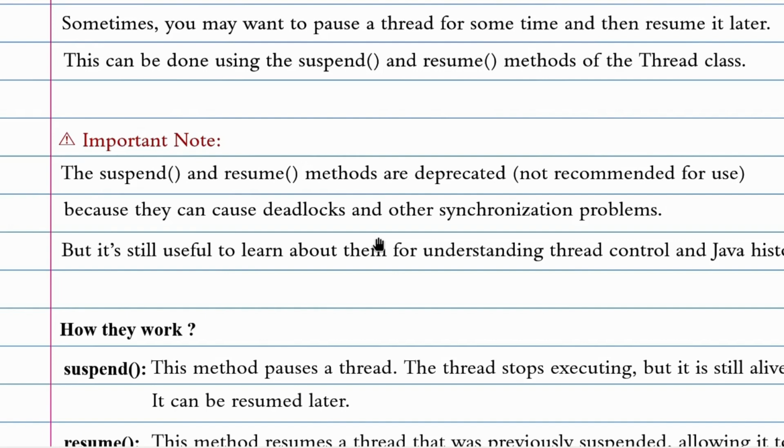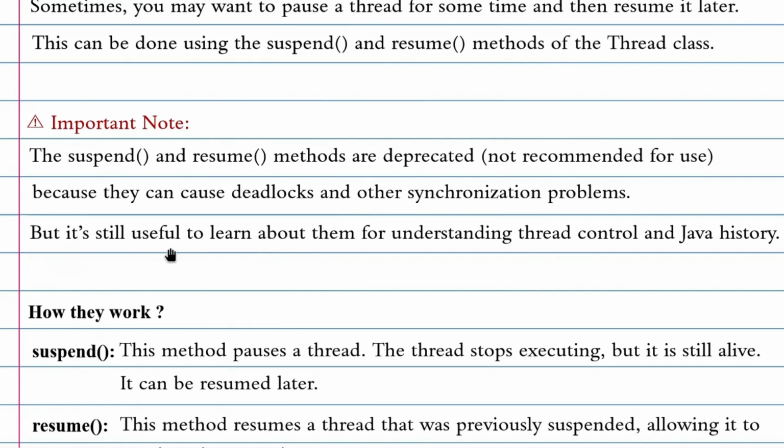Java updated versions such as Java 8 do not support the suspend and the resume method. In older versions they were supported, but from Java 8 and above they are not supported.